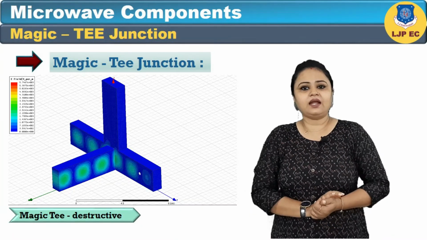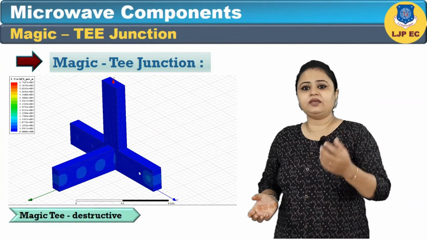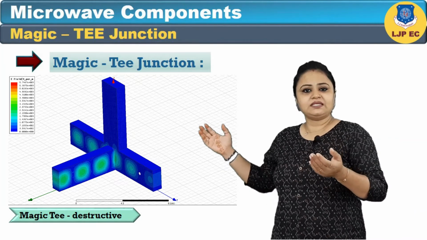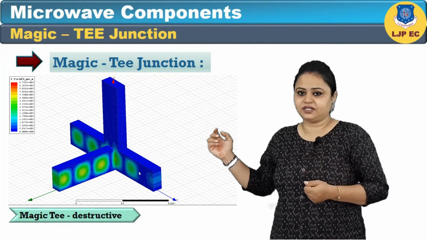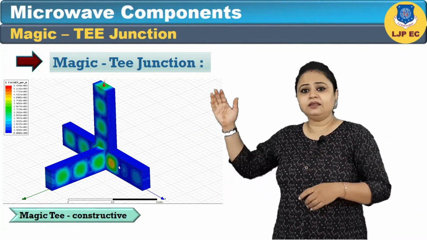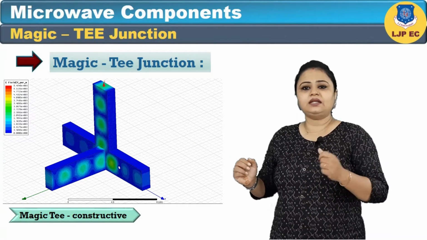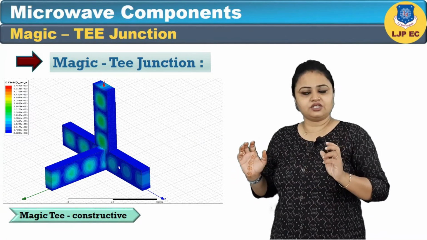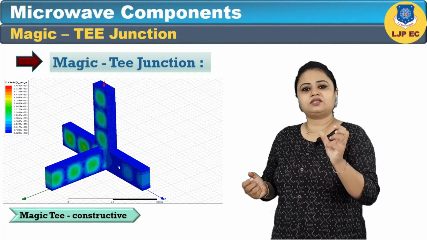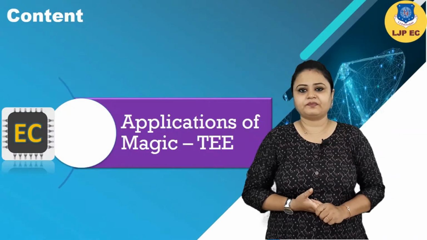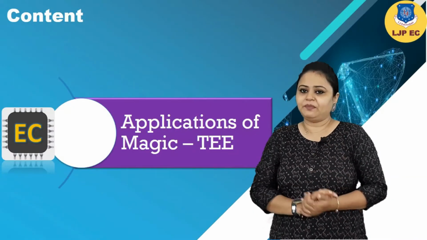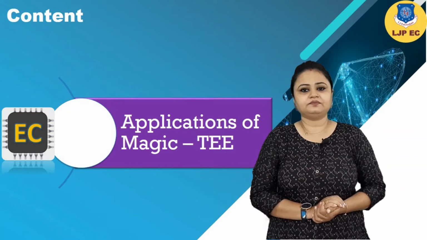You can get a better idea with this image showing power divides, which can be called a destructive magic T. And in this diagram you can see that the output combines at the junction, so we can say it is a constructive magic T.